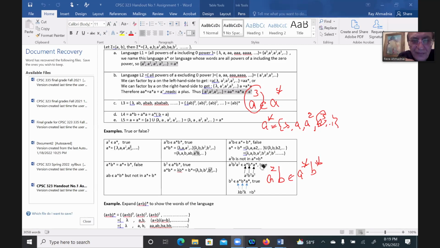This part and then this part here. This part comes from here. Is it true or false? True. This one comes from this part here. One B is here, two A's are here. Therefore, this one here is true.